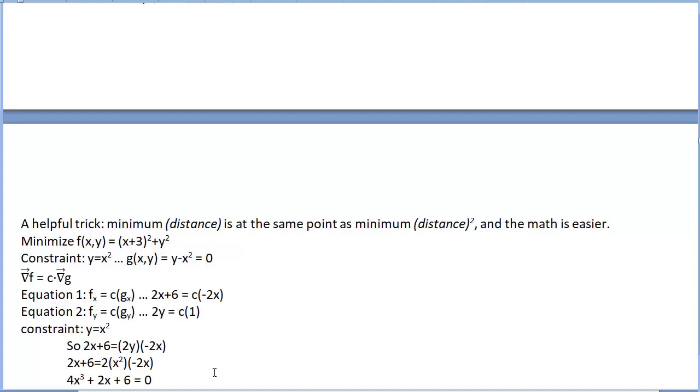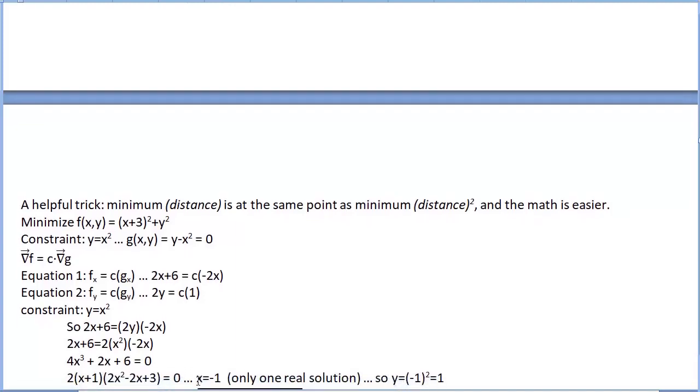So with some clever guessing, or if you like the rational roots theorem, we quickly find that x equals -1 will be a solution. Using that, and then using perhaps synthetic division to factor it out, we get that this factors out as 2 times (x plus 1) times (2x squared minus 2x plus 3).